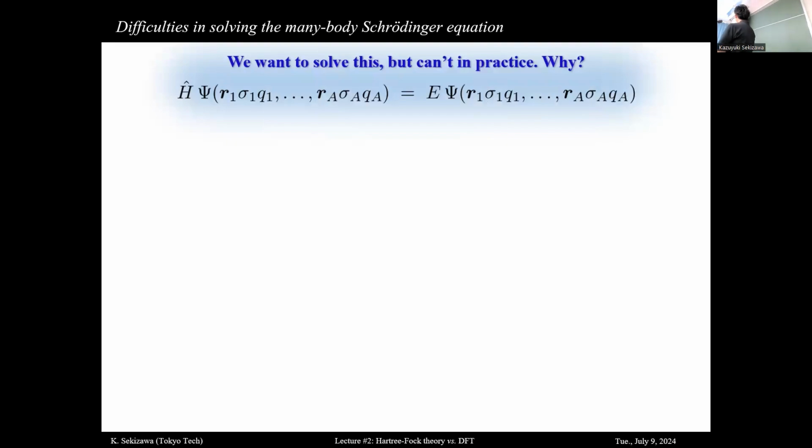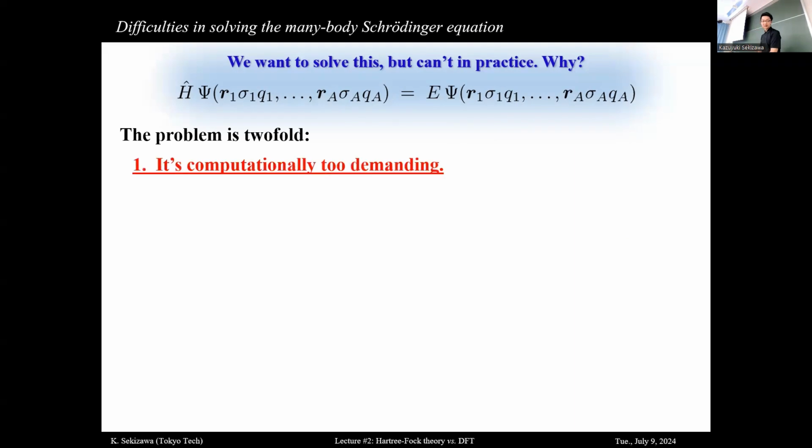So what we'd like to solve is, again, this many-body Schrödinger equation, but in practice, it is very, very difficult. The problem is twofold. The first one is that it is computationally too demanding.